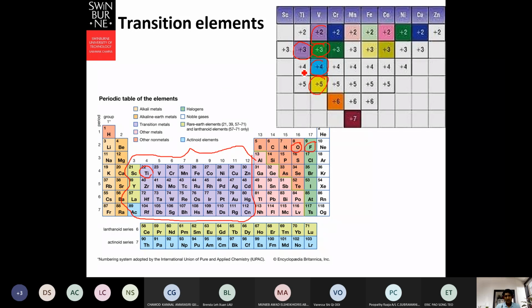So when they have changes in oxidation state, they will show different color. By looking at the different color, we can roughly estimate the oxidation state of that element in the solution or wherever it is.